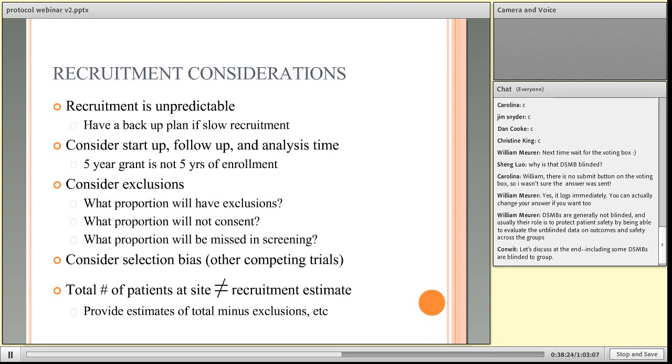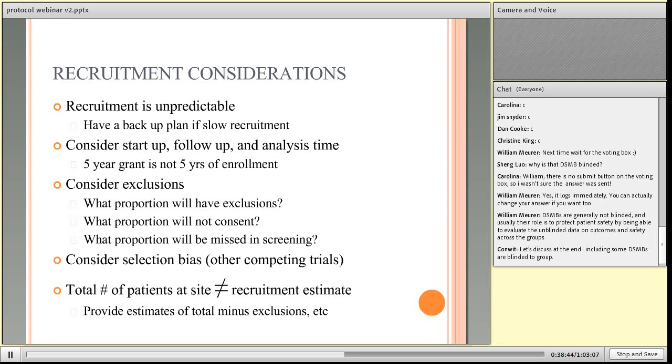If my target population are stroke patients within 12 hours, then everybody who arrives here after 12 hours is absolutely not going to be considered eligible. So I need to calculate that in as I'm thinking about how many patients will be available. Also, remember, lots of patients don't want to consent, or they can't consent.